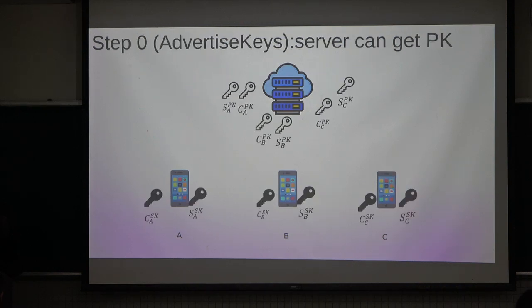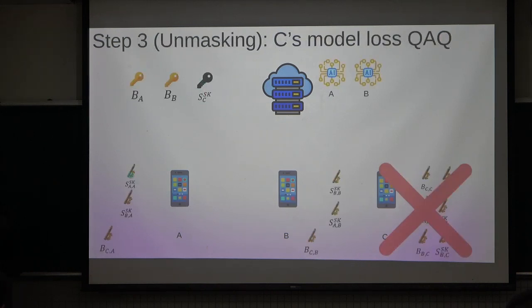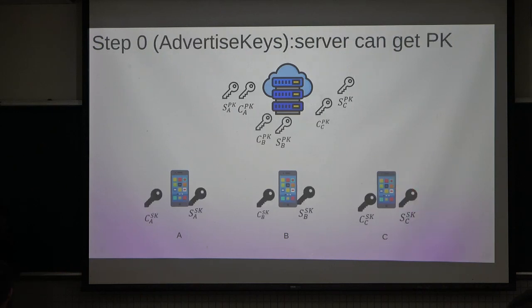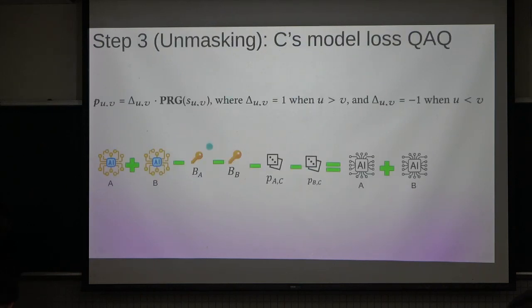And in our strategy, we can see the server can easily get every key's public key. So the server can use this secret key to generate the spatial mask of the smartphone C. We just use this key and this formula to generate the mask that needs to be removed.